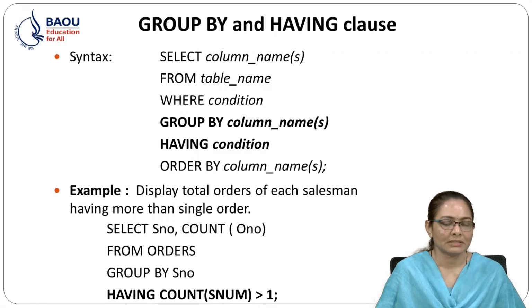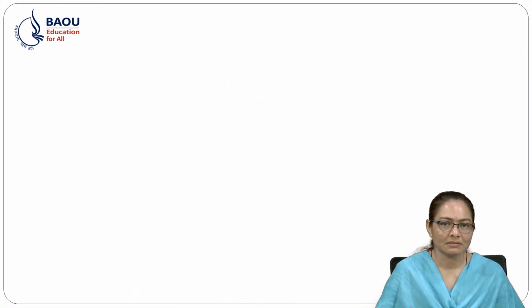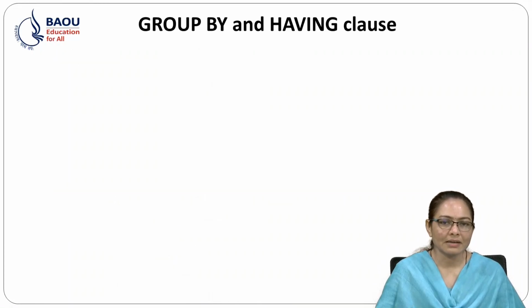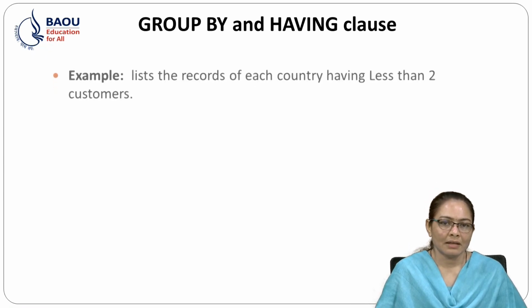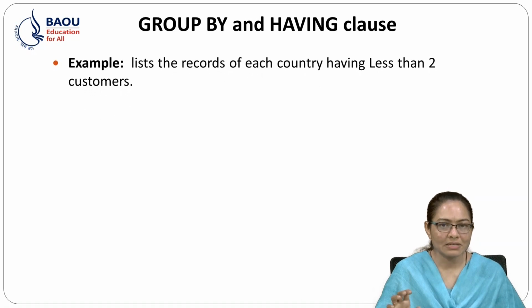Now the next one is another example of the group by clause with the having clause. Write the SQL statement: list the record of each country having less than 2 customers.